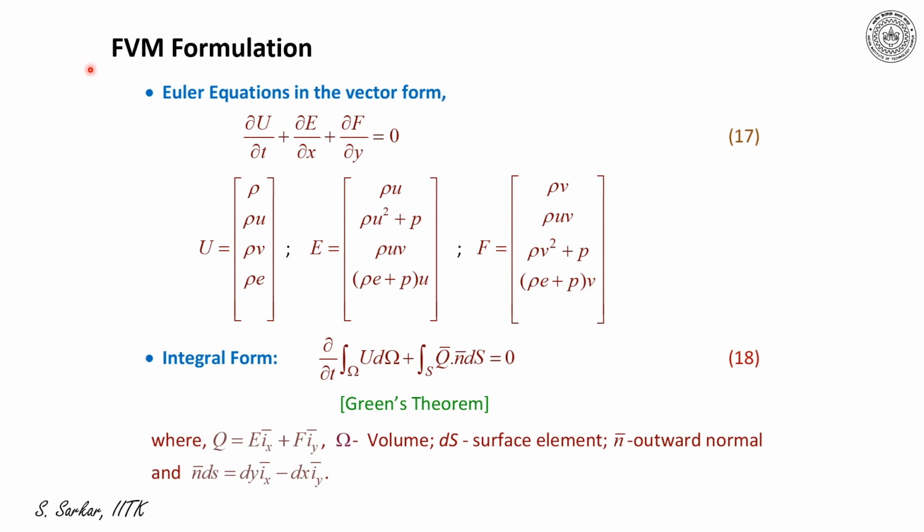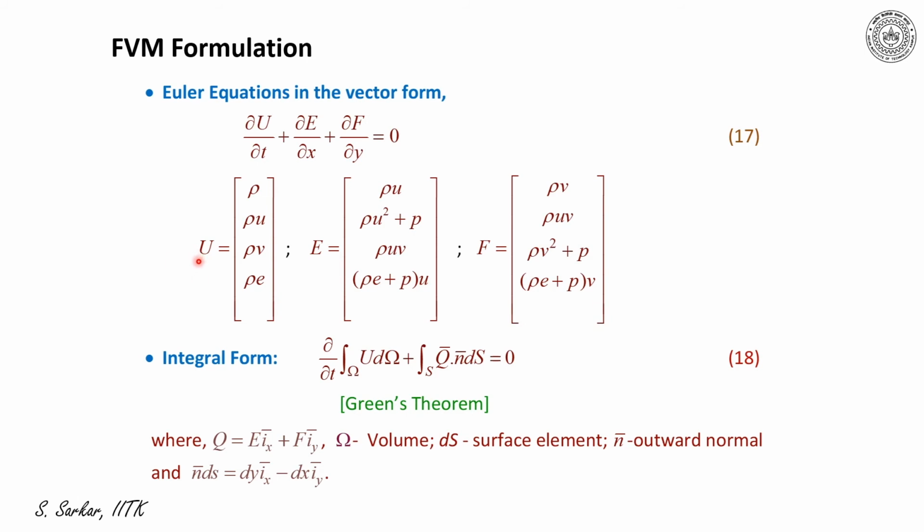I'll explain here about FEM formulation. For simplicity, I have considered Euler equation. Thus, Euler equations in the vector form would be ∂U/∂t + ∂E/∂x + ∂F/∂y = 0. That's equation number 17, where U is called the solution vector and E and F are called flux vectors.